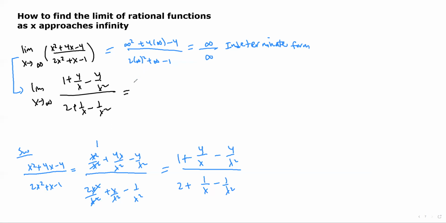Once I have it broken down to this part, I'm going to plug in my value for x. And when I do that, that limit symbol is going to drop. So I'll have 1 plus 4 over infinity minus 4 over infinity squared, divided by 2 plus 1 over infinity minus 1 over infinity squared.